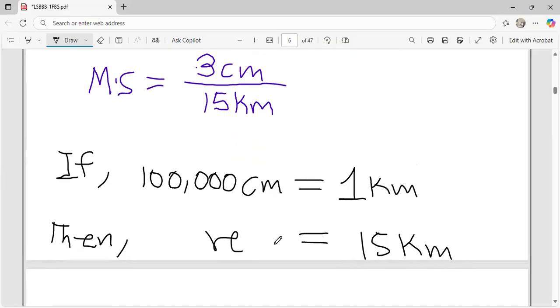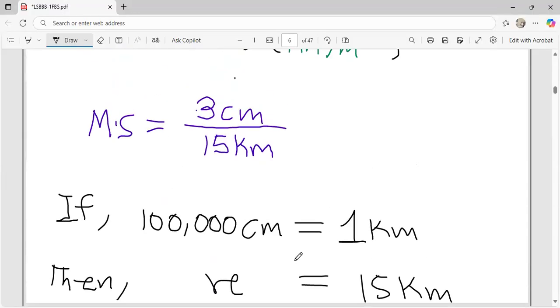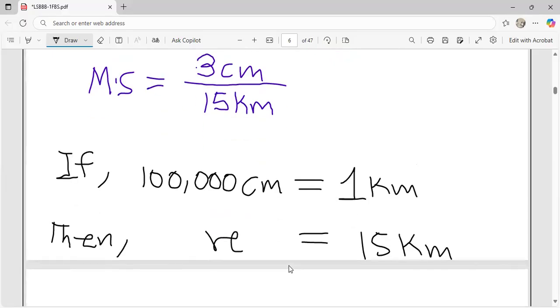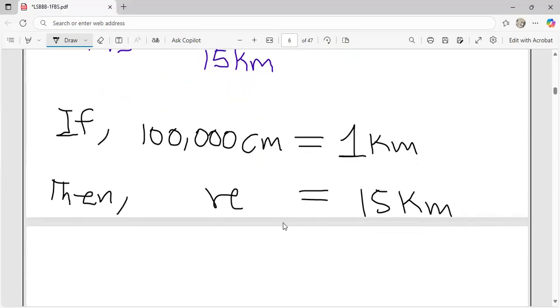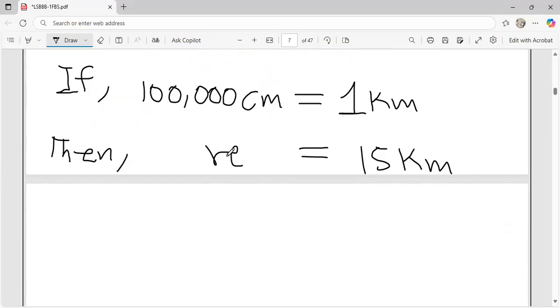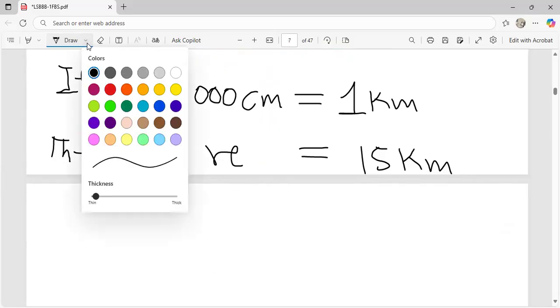X centimeters. Our 15 km is equal to X centimeters. So from here, the rest is no more physics. The rest becomes mathematics. So you just have to make X the subject, and then life becomes much easier. Let's all do that together.